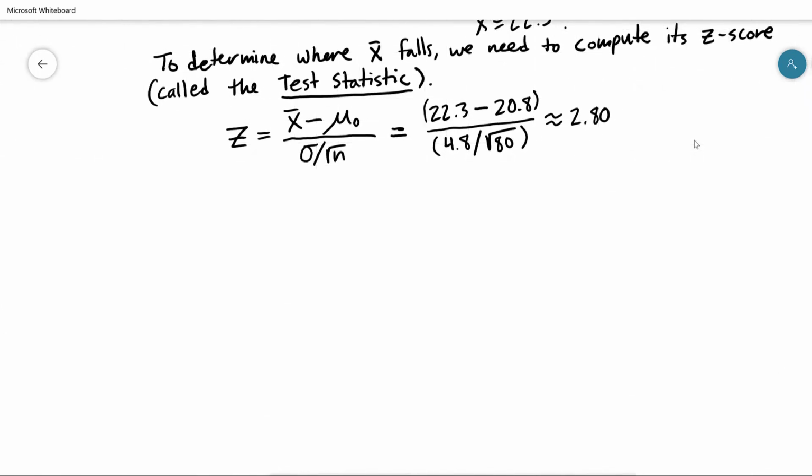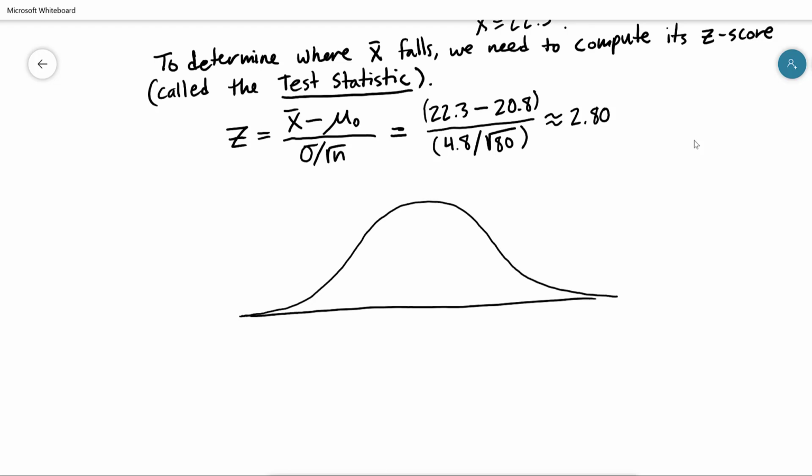Okay, so now I can actually locate this on the graph. I'm going to redraw our graph here. Here's all the possible x bars. The center of this graph by assumption is 20.8. And ballparking where these standard deviations occur, maybe there-ish, there-ish, there-ish. We just found that this one had a z-score of 2.8. It's way over here. Right?